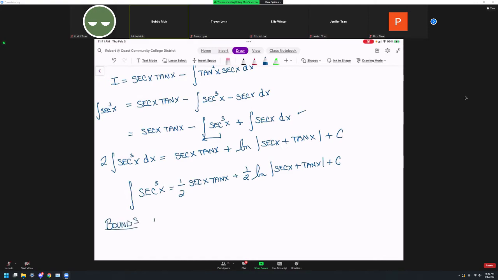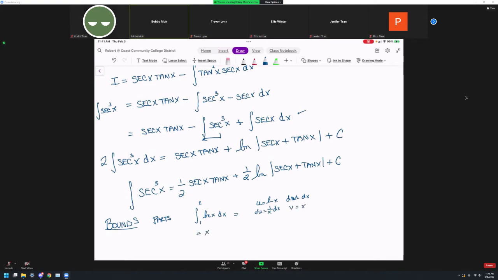For example, if we go back to integration by parts, since we just did an integration by parts problem, if we are going to integrate the natural log of x dx from 1 to 2, remember, when we did the parts, we did u equal log x, dv equal dx. du is 1 over x dx, v is just x.